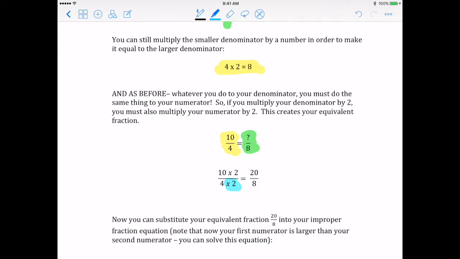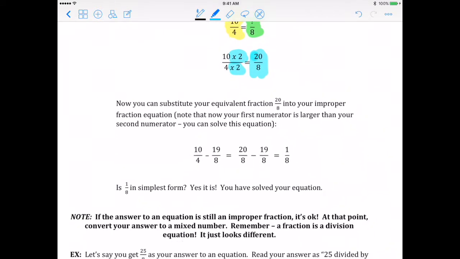So now I have to multiply my numerator by 2 as well, which means my new fraction is 20/8. So now you can substitute your equivalent fraction, 20/8, into your improper fraction equation. Note that now your first numerator is larger than your second numerator. You can now solve this equation.